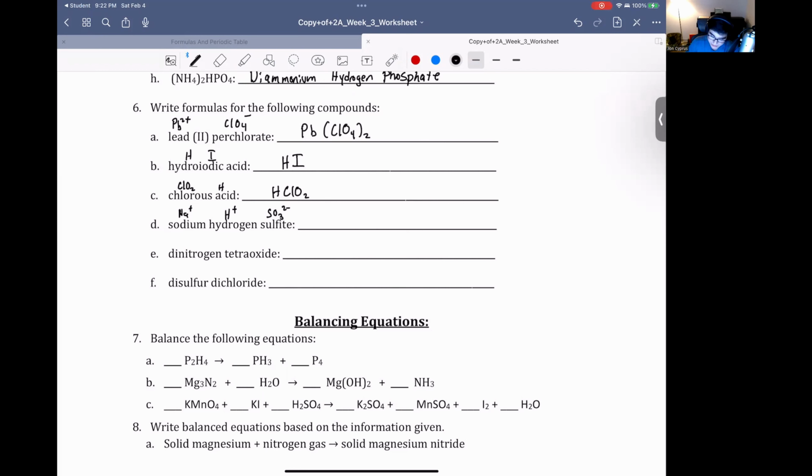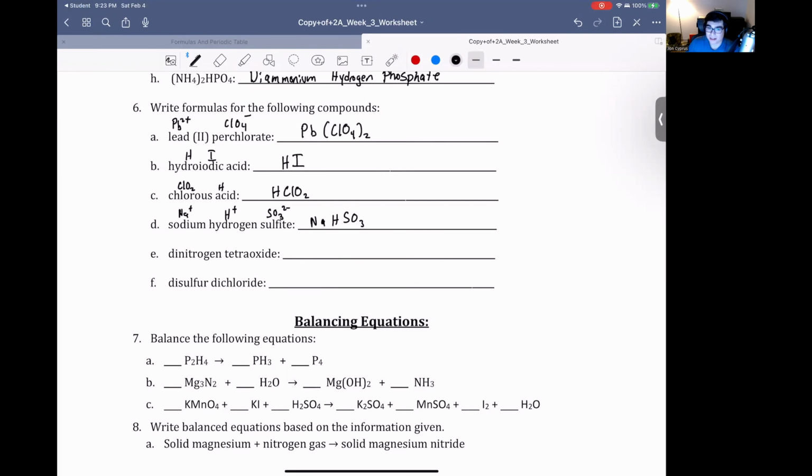So I'm gonna write this out, NaHSO3. Right, so you can look here and see the charges are balanced. So I don't have to worry about changing it like to 2 sodiums or 2 hydrogens or anything like that.